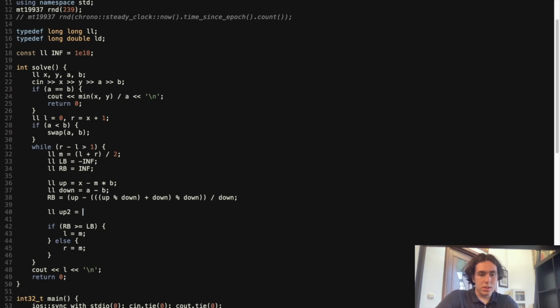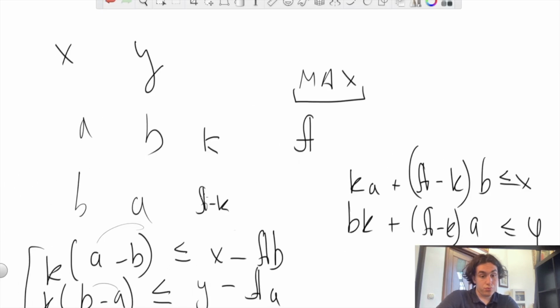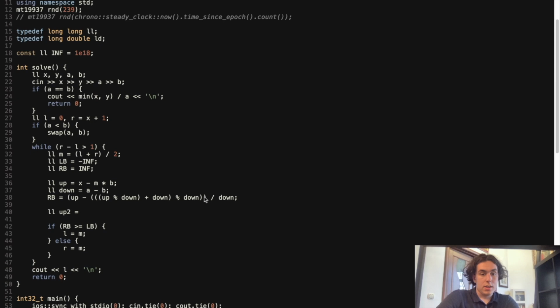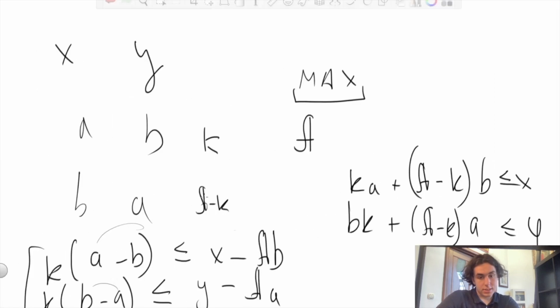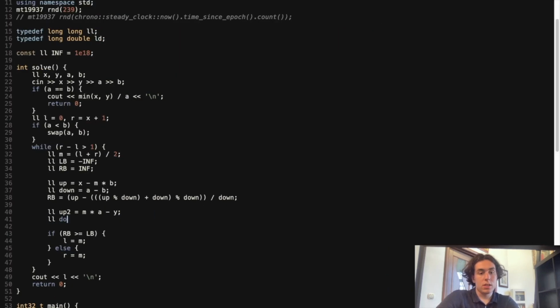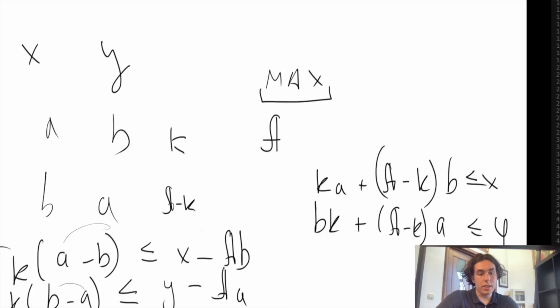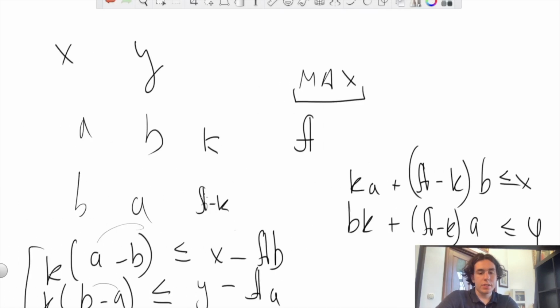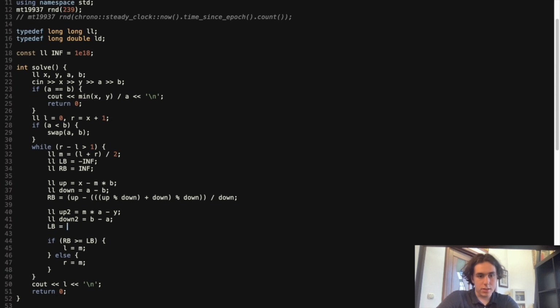Up 2 is M multiplied by A minus Y. Down 2 is B minus A. And here it's the lower bound. Up 2 should take more than that, right?